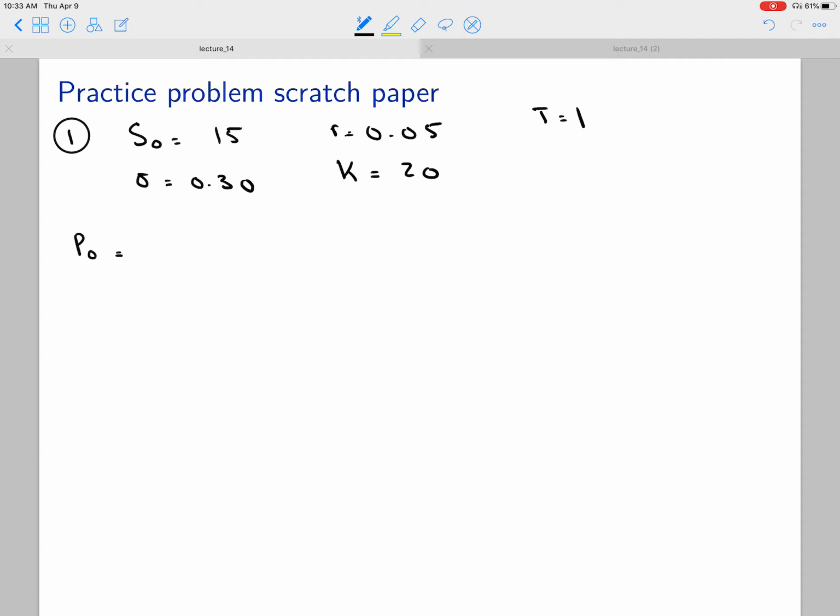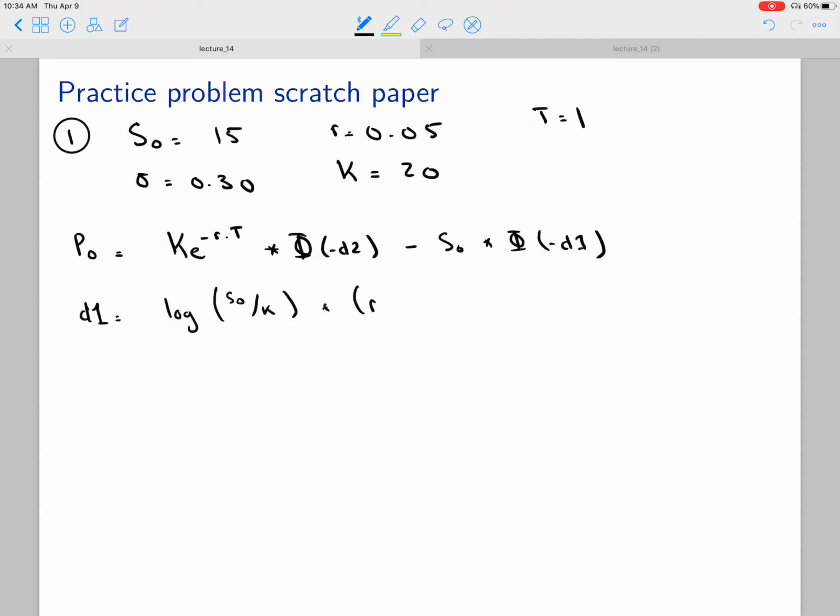Formula for this is P0 equal to present value of the strike times phi of negative D2 minus S0 times phi of negative D1, where D1 is equal to natural log, remember, S0 over K plus R plus 1/2 sigma squared times T, all over sigma root T, and D2 is equal to D1 minus sigma root T. Okay.